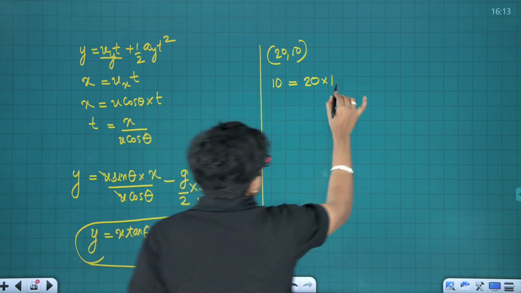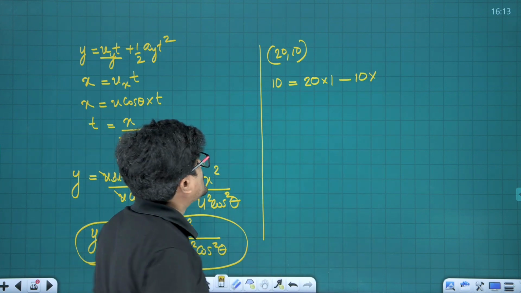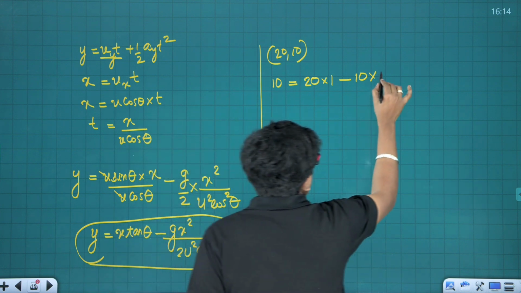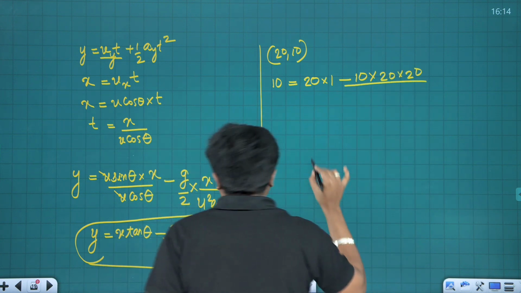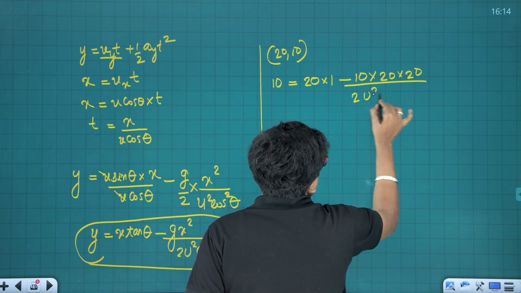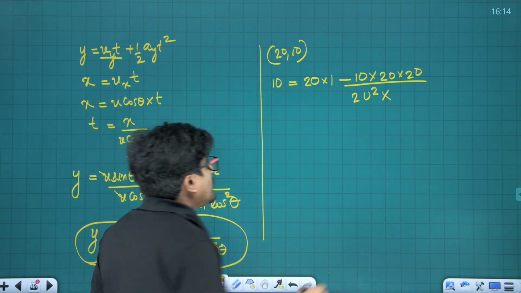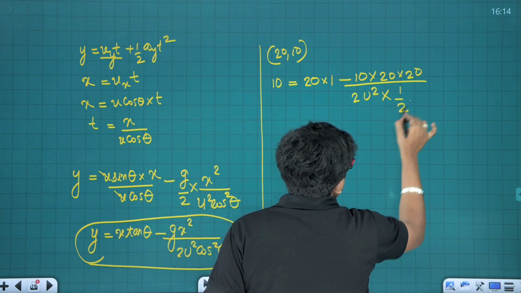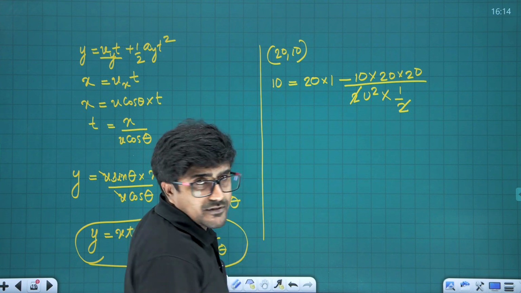Minus of g, I can take it as 10, into x square means 20 square, that is 20 into 20, all divided by 2 into u square into cos theta, which is 1 by root 2. Square of that is 1 by 2. This one and this one will cancel each other. Now let me take this towards the left.